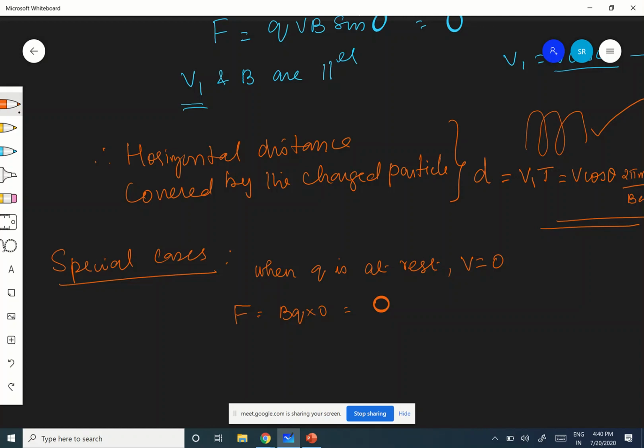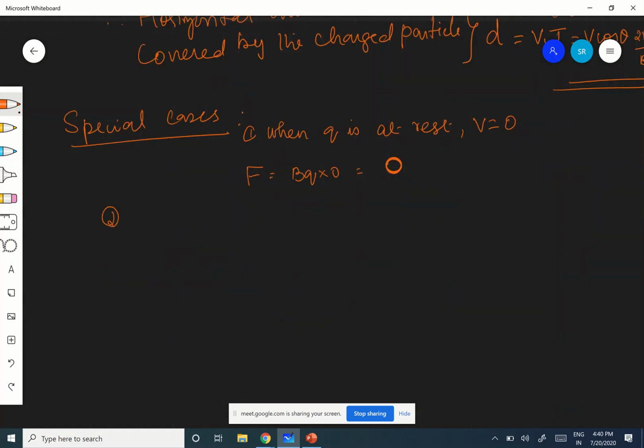When the particle is at rest, we have already seen that the stationary particle will not experience any force due to the magnetic field. And this is the first case. The second case is when theta is equal to 0. When the particle is moving in the direction of the magnetic field, or moving opposite to the direction of the magnetic field, 180 degrees, what is the force F?